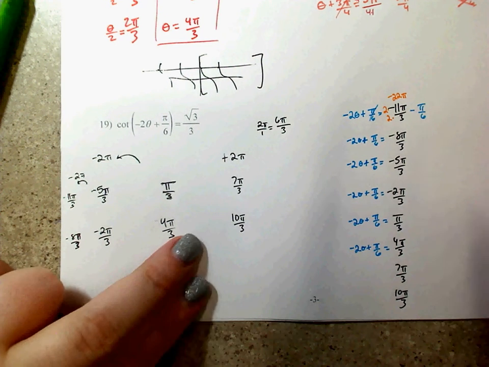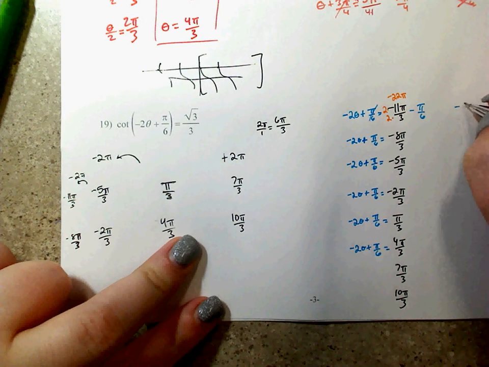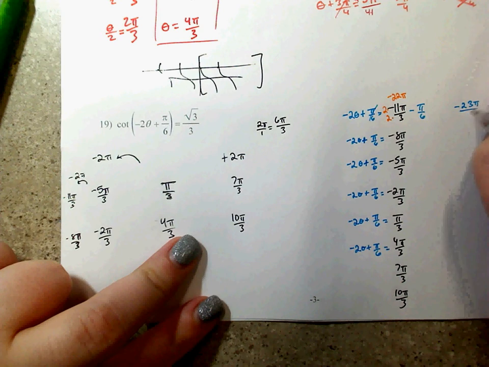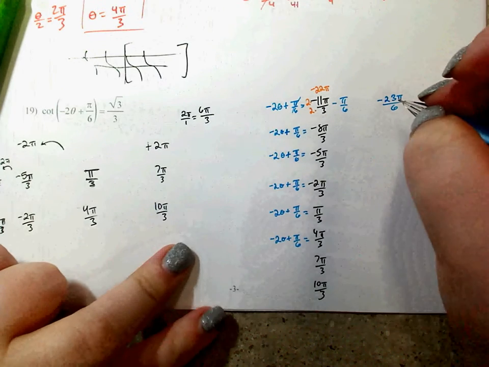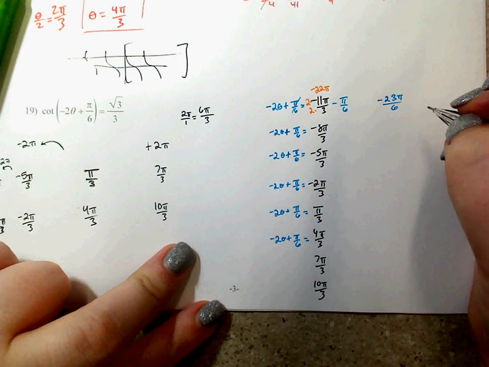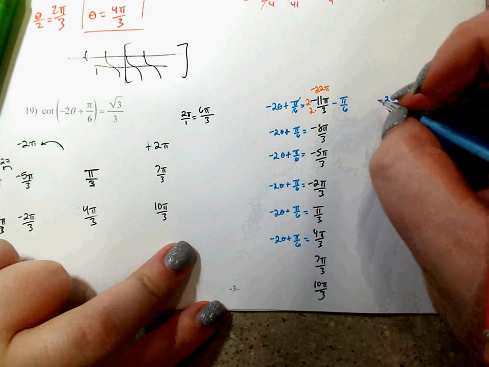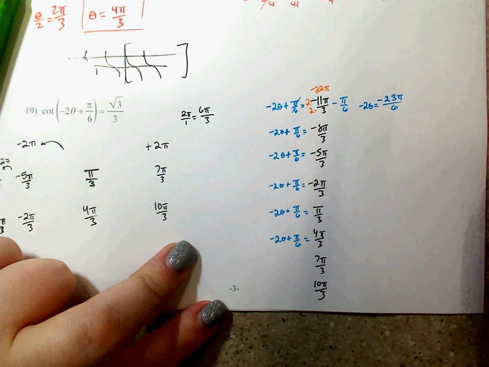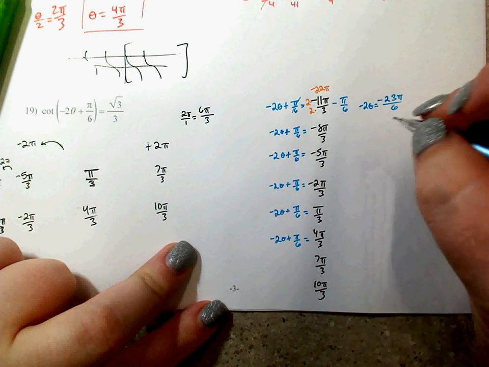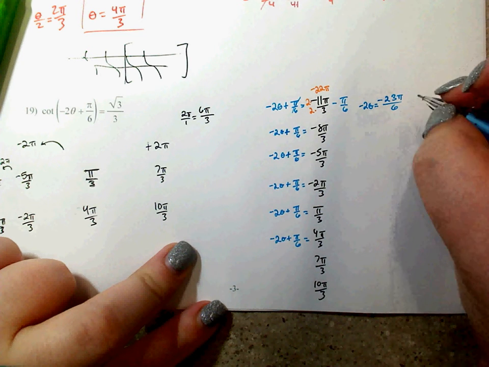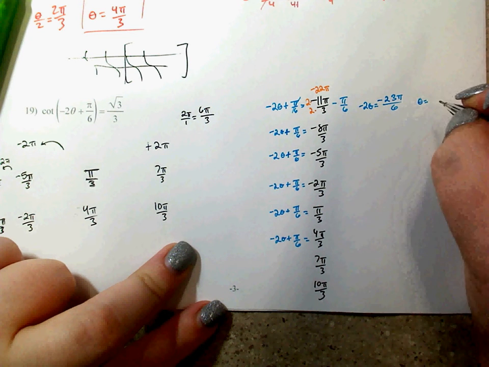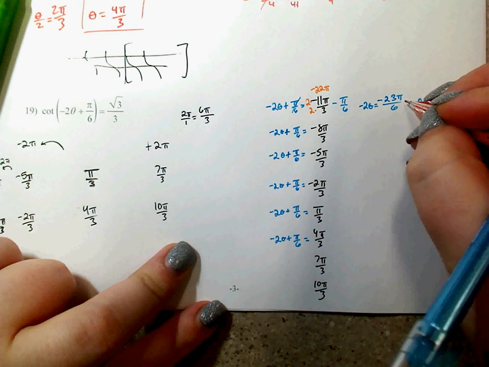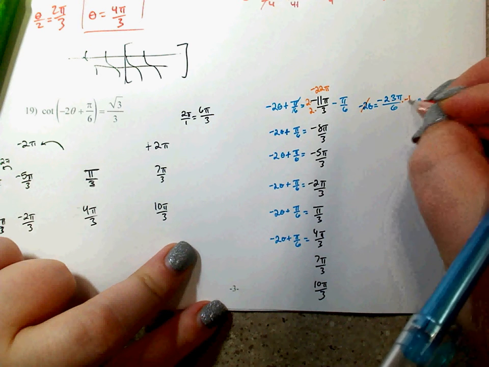That equals negative 2 theta. Okay, and then if I divide by negative 2 or multiply by negative 1/2, the negatives cancel each other out, and I'm left with theta equals 23 pi over 12.